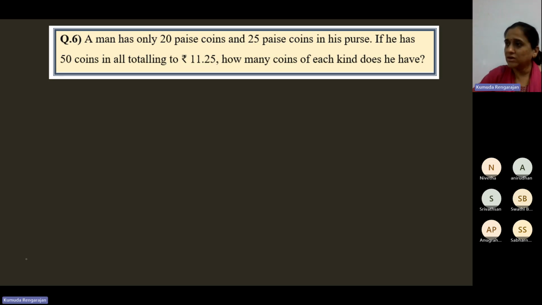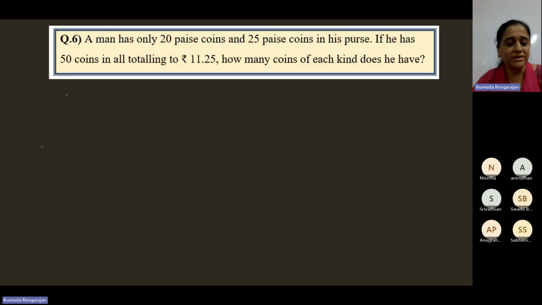Number of coins, how will you count? Irrespective of the denomination, you won't see if it is 20 paise or 25 paise. Simply 1, 2, 3, 4, 5, 6, that is 50. But when you actually find the value of all that money, it's 11 rupees 25 paise. So you should find how many 20 paise coins he has and how many 25 paise coins he has.